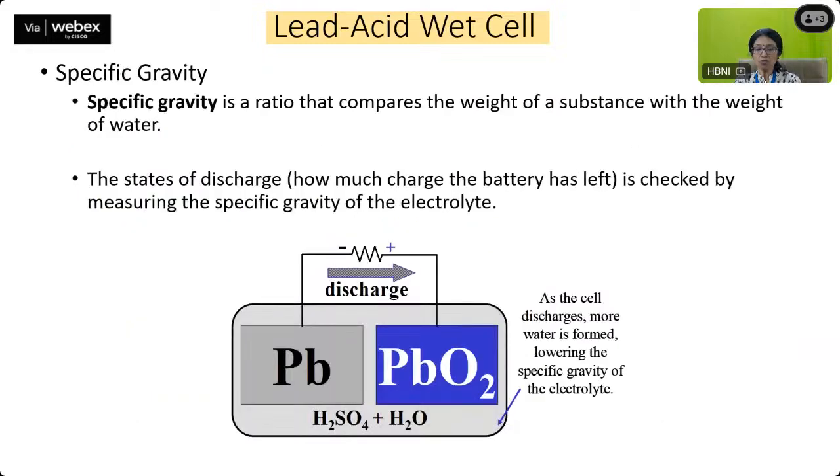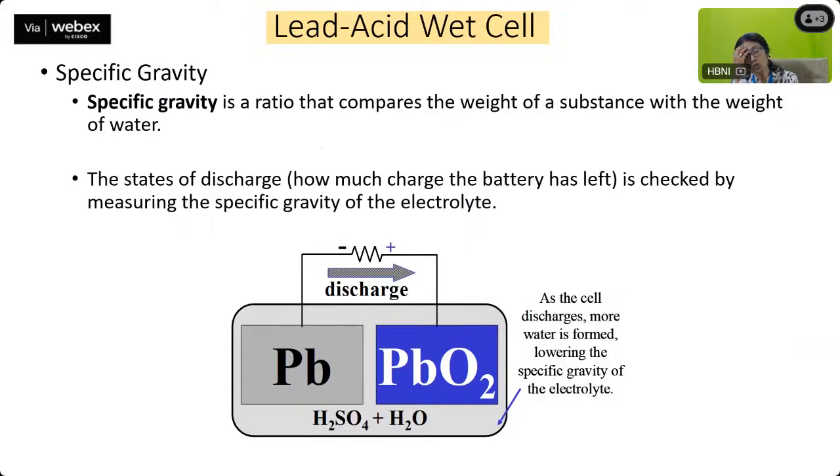The specific gravity of the lead acid wedge cell is very important because it tells you the state of discharge, or how much charge the battery has left, when you measure the specific gravity of the electrolyte.